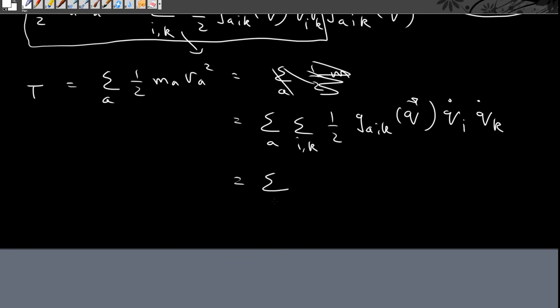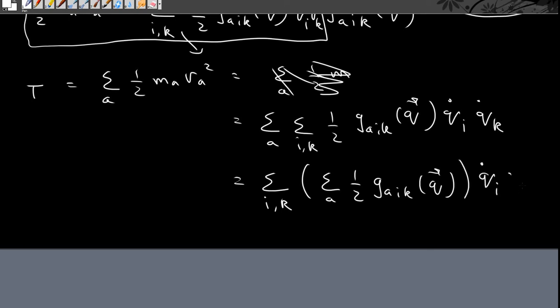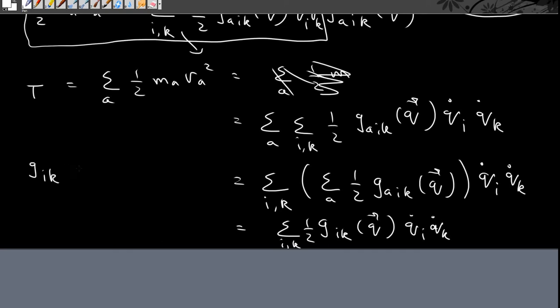This is the same as summation over i,k of summation over a of half g_aik(q) times qi dot qk dot, which in turn I can write as summation over i,k of half g_ik(q) qi dot qk dot, where g_ik(q) is nothing but the summation over a of g_aik(q).